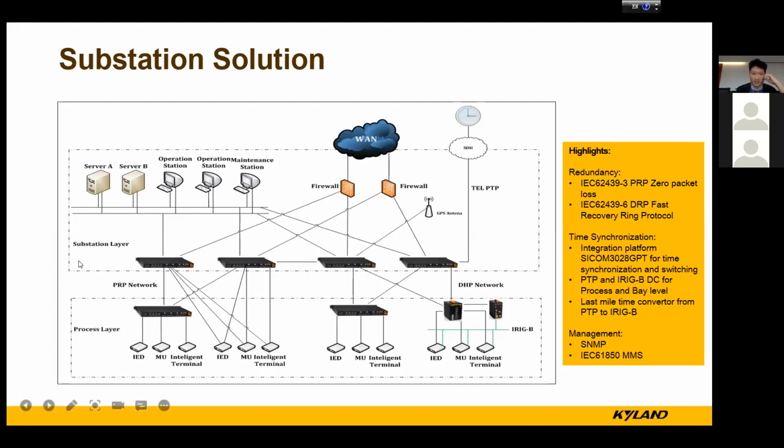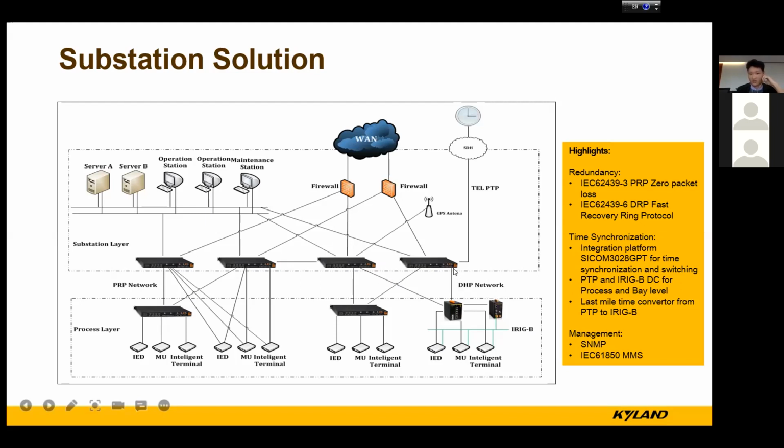You can see that some parts are the smart substation design, and it is based on the PRP network. But this part is still using other redundancy protocols, such as RSTP, DT rings, DRPs.